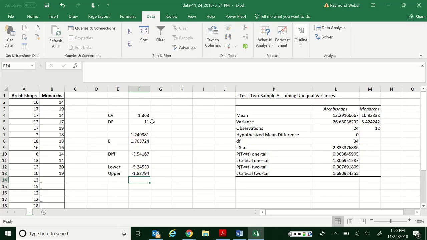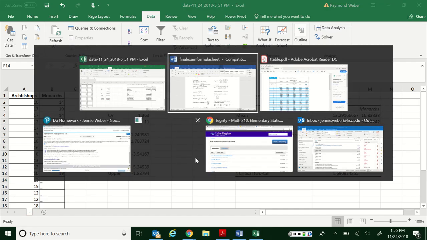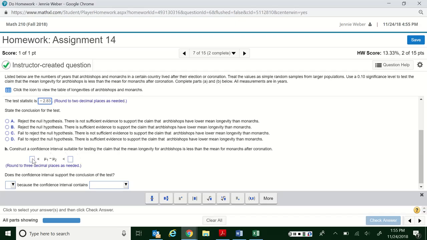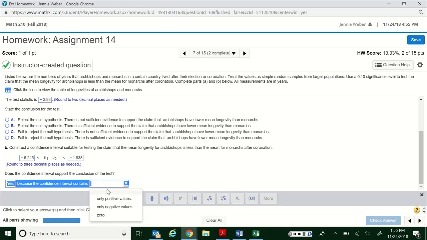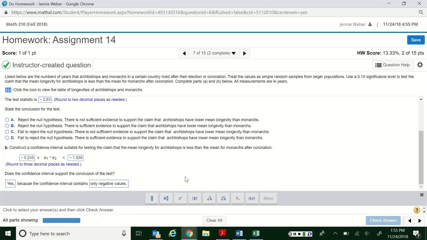So my values are negative 5.245 and negative 1.838. So coming back over here, I have negative 5.245, negative 1.838, and yes, it supports it because it's only negative values. So it's always less, the first one.